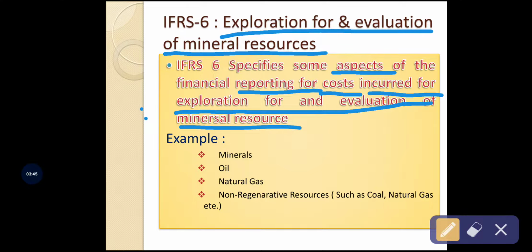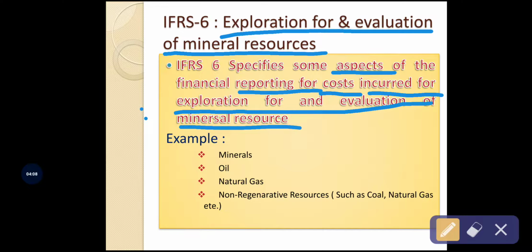When income is generated, it must be recognized in the financial statements. To recognize and present that income related to the exploration of mineral resources, the company will follow IFRS 6.